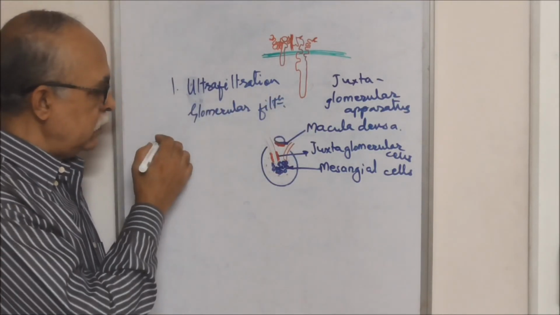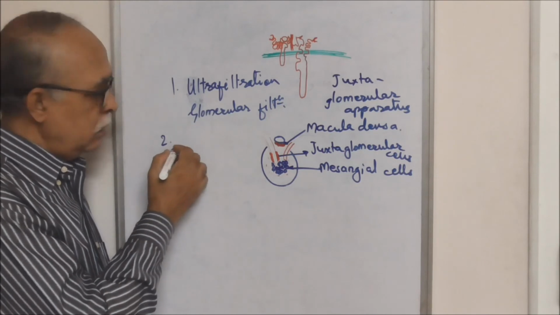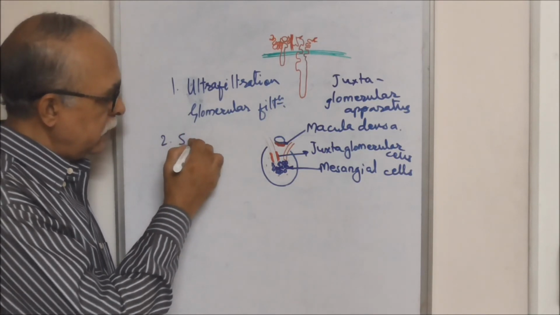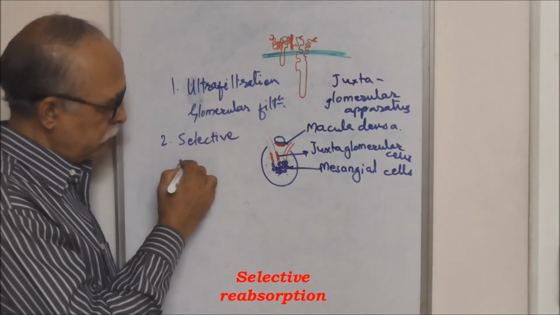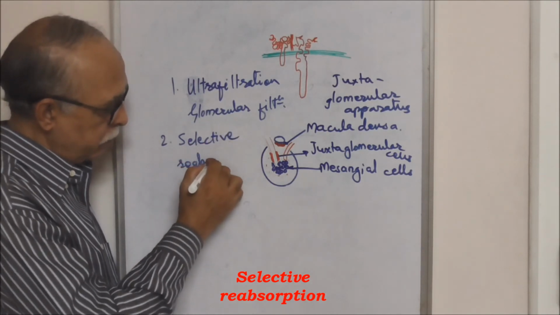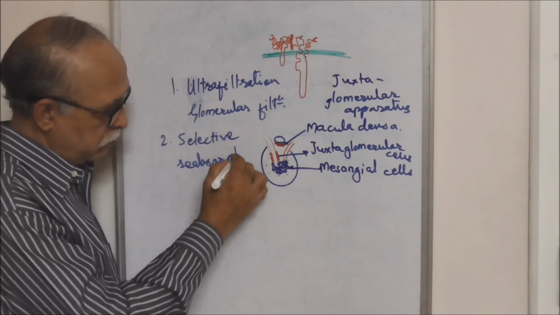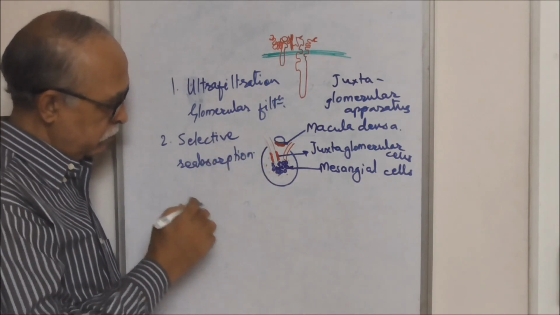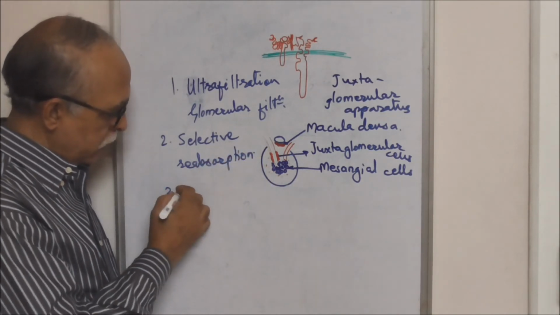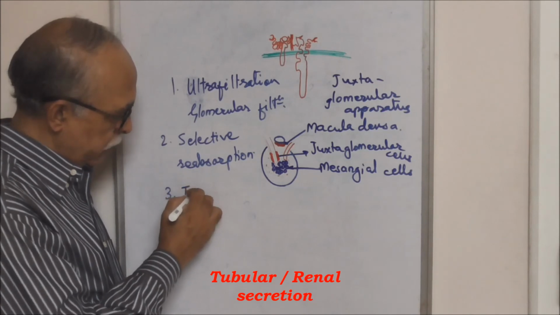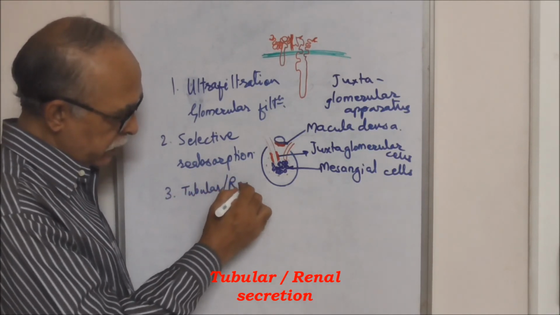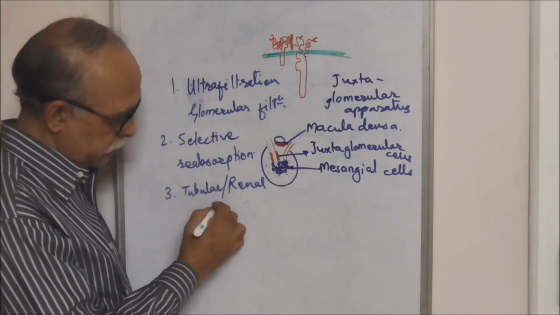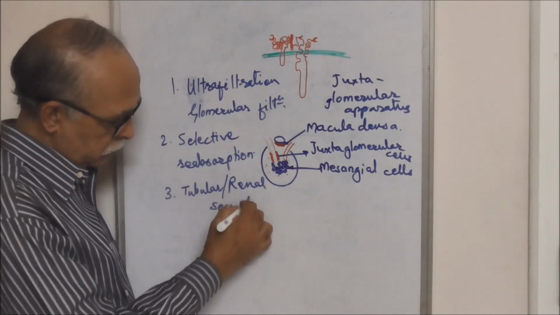That's one process. The second process is called selective reabsorption, and the third one is called tubular or renal secretion.